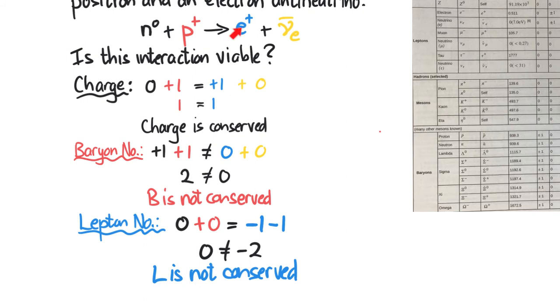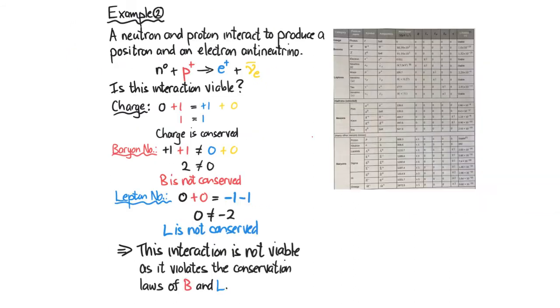And the positron has a -1 lepton number, and the electron antineutrino has a lepton number of -1, and here too we see that 0 does not equal -2, so the lepton number is also not conserved.